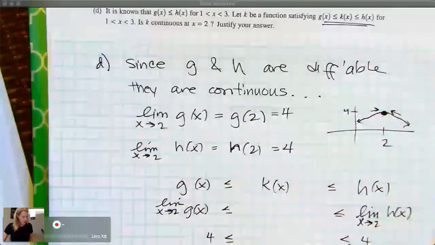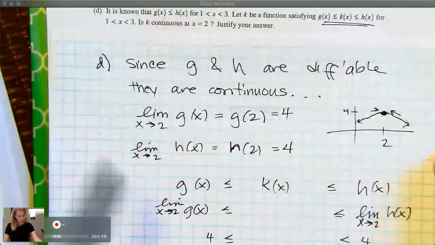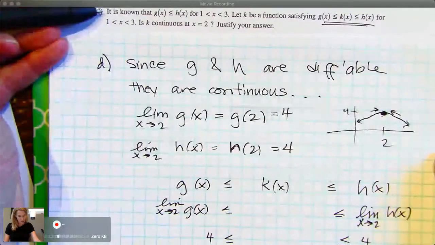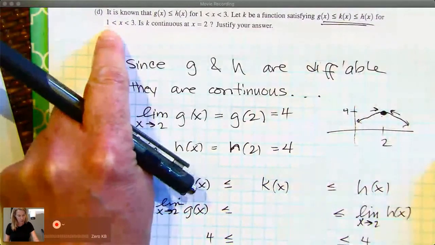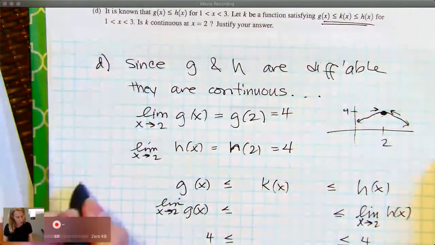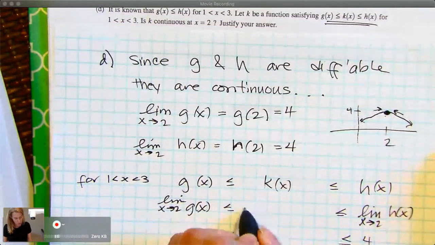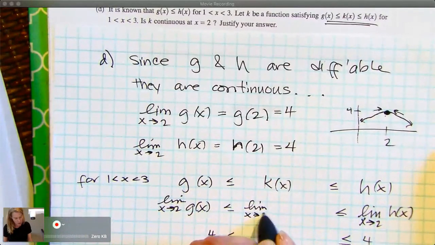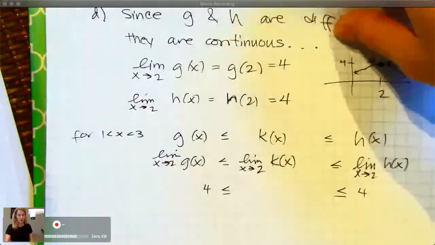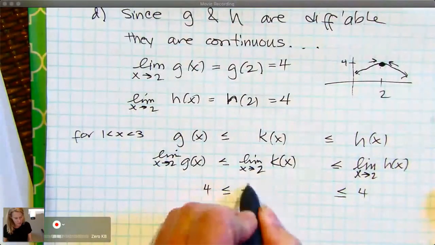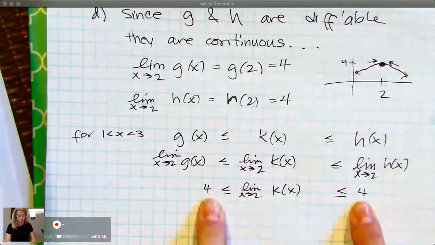And therefore, because this holds for x between 1 and 3, it would hold also at 2, which means that the limit as x approaches 2 of k of x is sandwiched between 4 and 4.